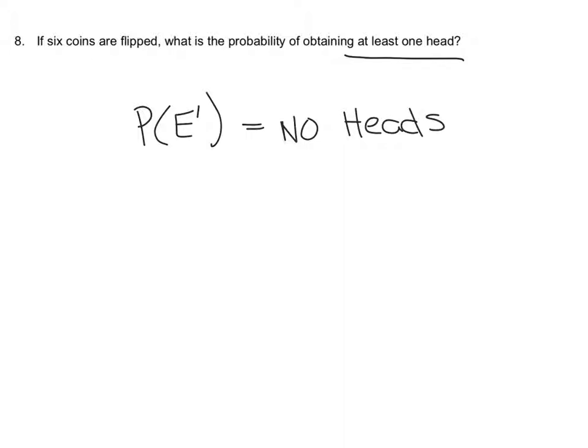Now this is easier to find because the outcome for obtaining no heads is just all tails. If we flipped 6 coins, we would have T, T, T, T, T, T. So we would have all tails for all 6 coins. That's the only outcome where no heads appear.